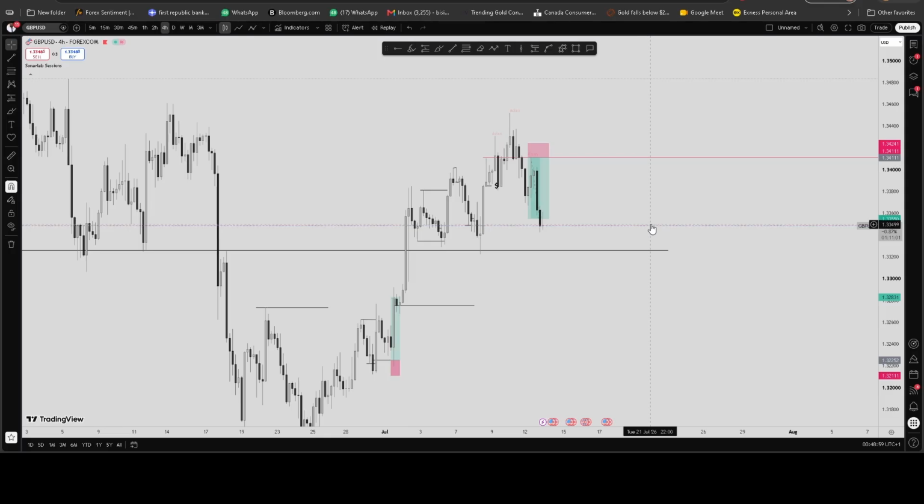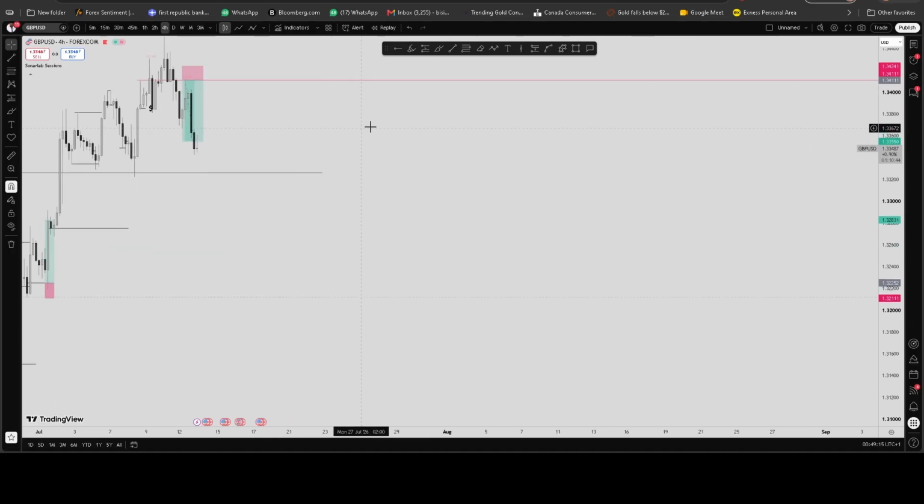What I do is I have some set of rules that I follow to mark out a valid point of interest. This makes it easy for me to avoid unnecessary points of interest. How do I do this? Now, let's say, for example, this is a point of interest on the daily time frame, which is your bias time frame.